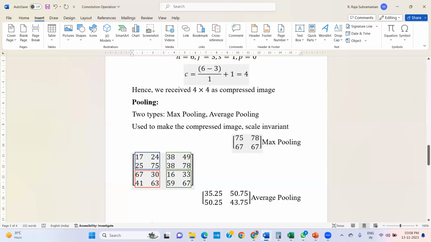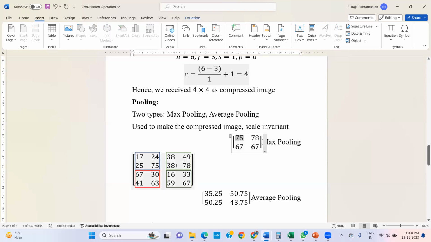So if I have the original dimension 4 cross 4, I keep 4 different windows, each of dimension 2 cross 2, which is 50% of the original. In this, if you see 17, 24, 25, 75, the max value is 75, so I put 75 in the max pooling result.